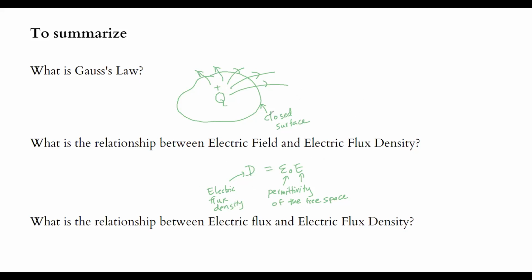So electric flux density is defined as the amount of electric flux that travels through a unit surface area, so the amount of electric flux per unit area.